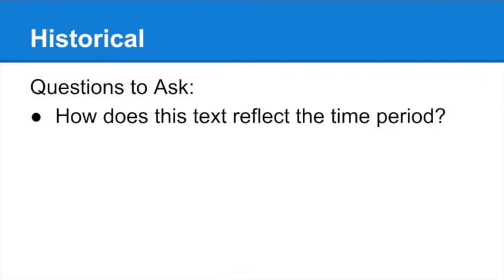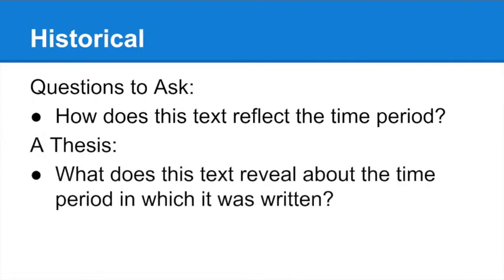And we ended our talk about lenses with historical, and everyone pretty much knows we're looking at historical aspects of the text. So a question to ask as you are reading using the historical lens: how does this text reflect the time period? And ultimately, when we want to create a thesis using the historical lens, we want to answer, what does this text reveal about the time period in which it was written?